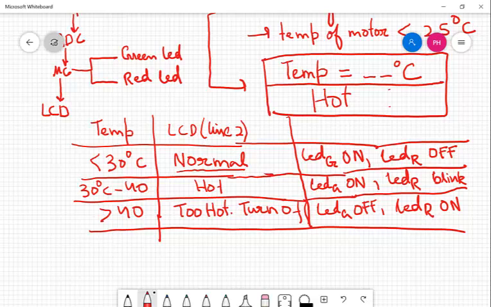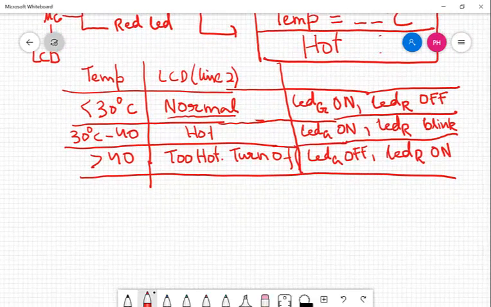When the machine is working normally, green LED should be on. Then when machine is heating, it is between 30 degrees Celsius and 40 degrees Celsius, red LED should be blinking and green LED should be on. And when the machine is too hot and it needs to be turned off, green LED should turn off and red LED should turn on.